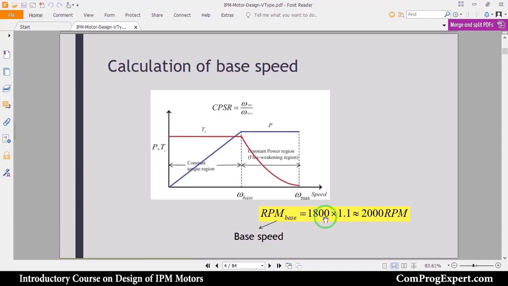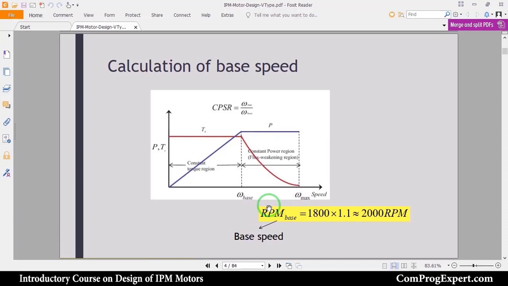In this region, we can feed the stator phases by their rated values. So we can generate the maximum output torque, but at the base speed, the terminal voltage equals its rated value. So beyond this speed, we have to reduce the terminal current. So this is the constant power region.